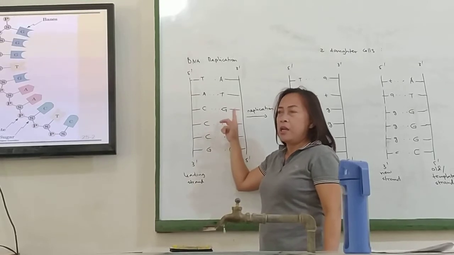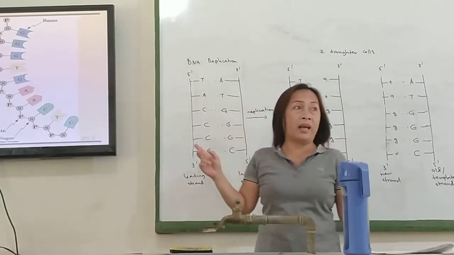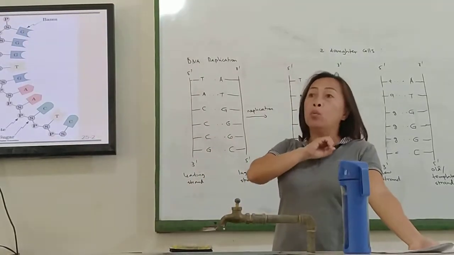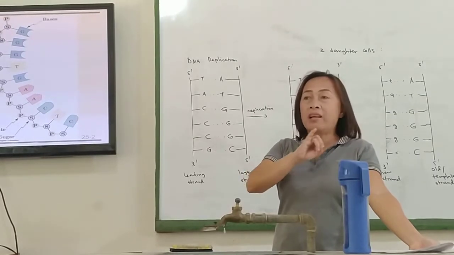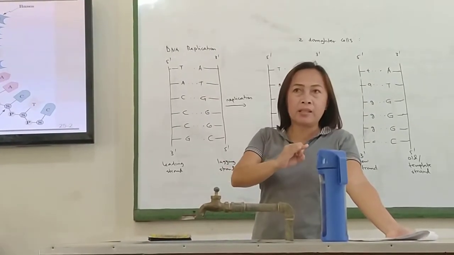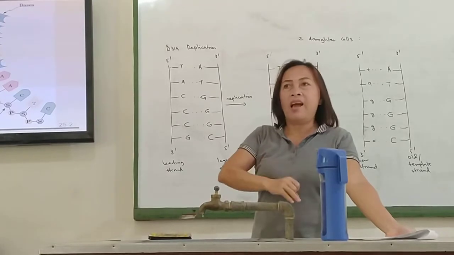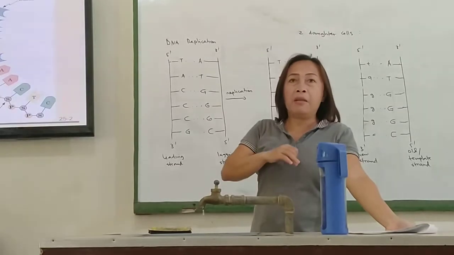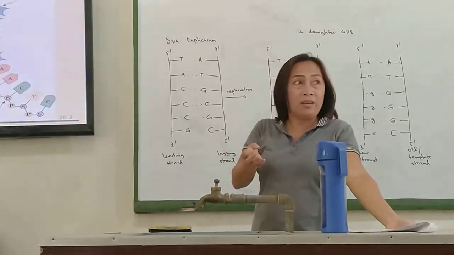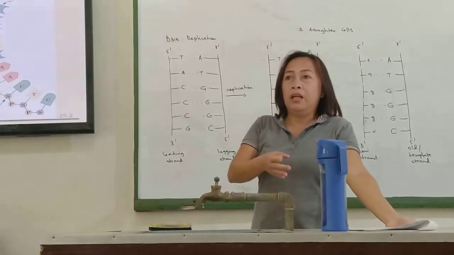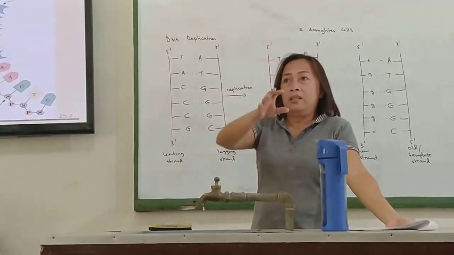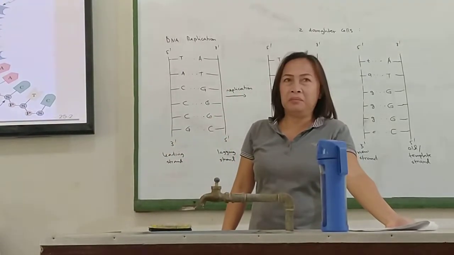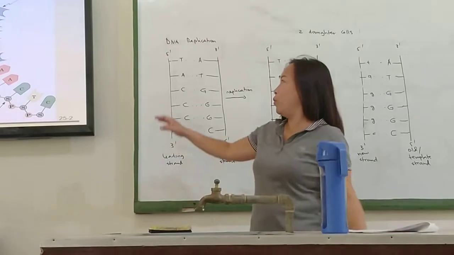Now, if we have 26 letters in the alphabet that make up a word, and these words make up a sentence, and sentences into a paragraph, and paragraphs into a story or stories, then stories into books, and books into a library. Got it? The same is true here.